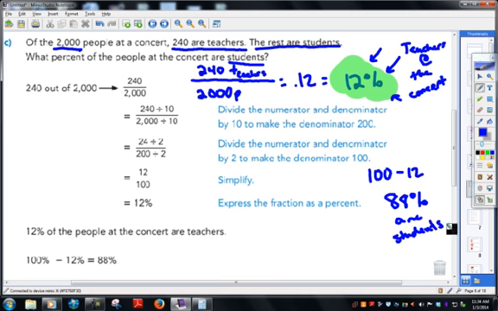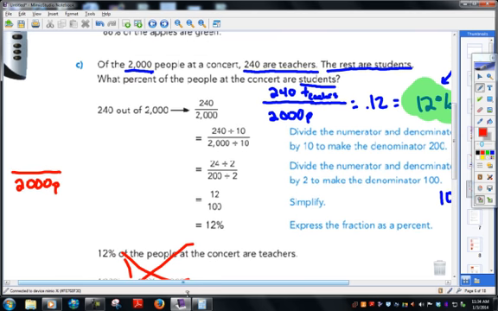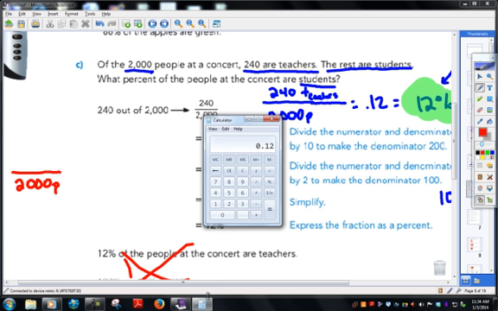Okay? We come at this from a little different angle now. We do it one other way. Okay? Let's just do it from the beginning. Let's say, okay, there are 2,000 people. Let's skip this step down here. Let's just skip that. Check out what I do. If there are 2,000 people at the concert, and 240 are teachers, and the rest are students, well, can't I just subtract from 2,000, and I can just subtract out my teachers?